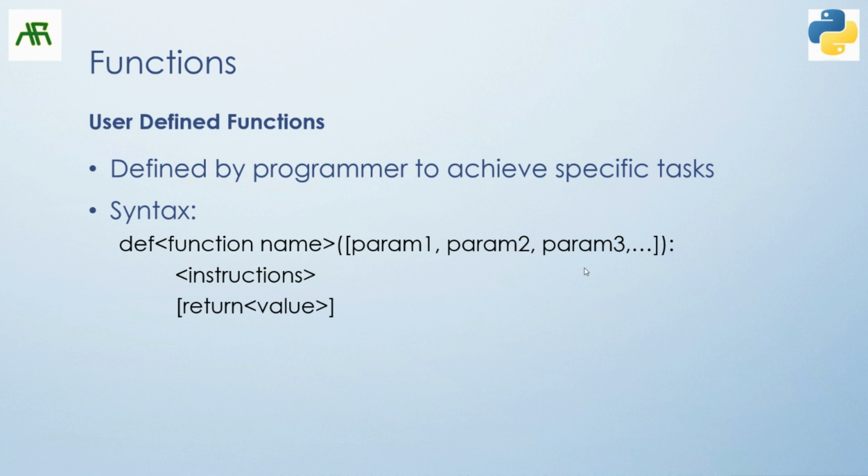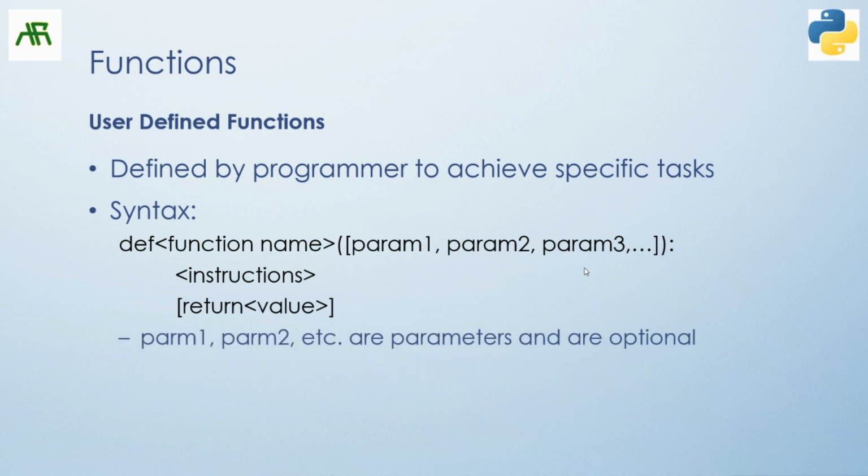The def statement, the def function name, should end with a colon at the end, and the set of instructions with the proper indentation. Instructions to be executed, or what we want to do with this function, all those things are given. And if there is a return value, yes, return the values, one or more, or just print and come out. So that's the basic syntax.